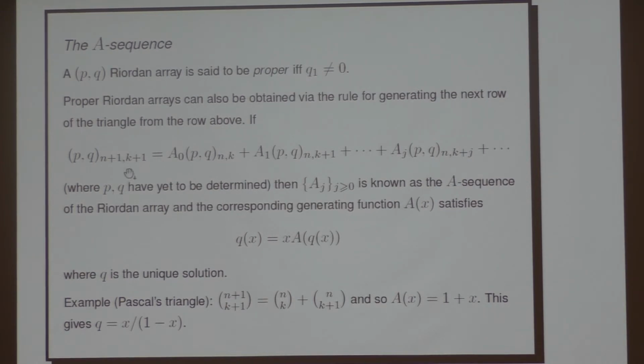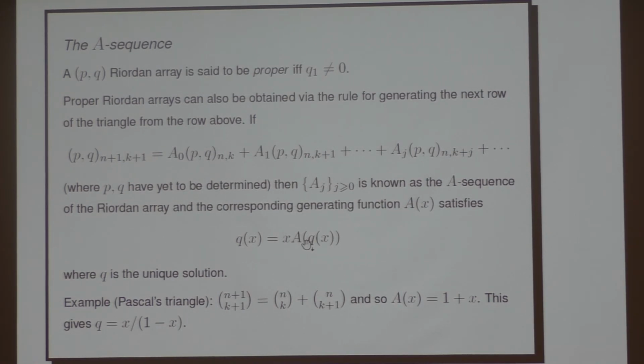The only thing we start with is this property here, that we've got some triangle, like Pascal's triangle, which has this property, and then from that we can get P and Q. So as long as we've got any triangle where we can write down the row below in terms of the row above, then we can form a Riordan array, or it is already a Riordan array, and we can then find P and Q using this method.